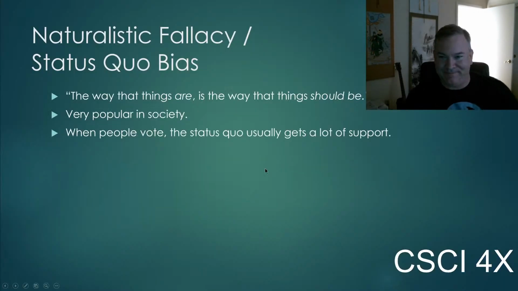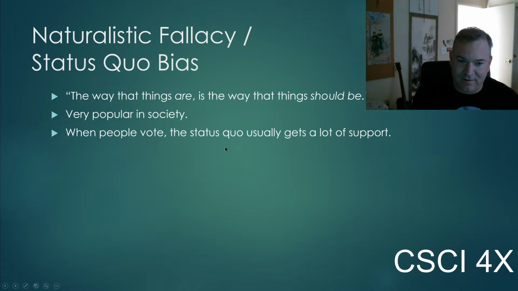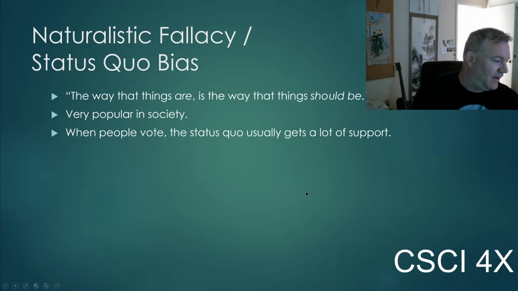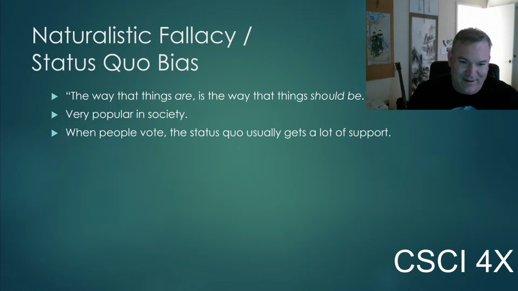There you go. And so in politics, this is very, very powerful. Status quo bias. And so, equivocation, yeah. Very good. The status quo. Whatever is currently, there's usually a bias for it. So cognitive bias is kind of related to logical fallacies, but they're a little bit different.